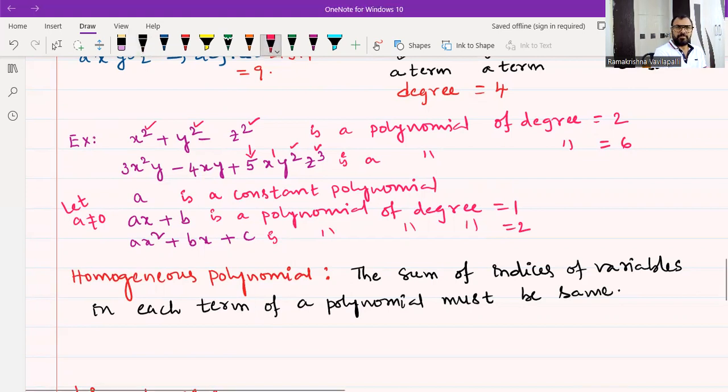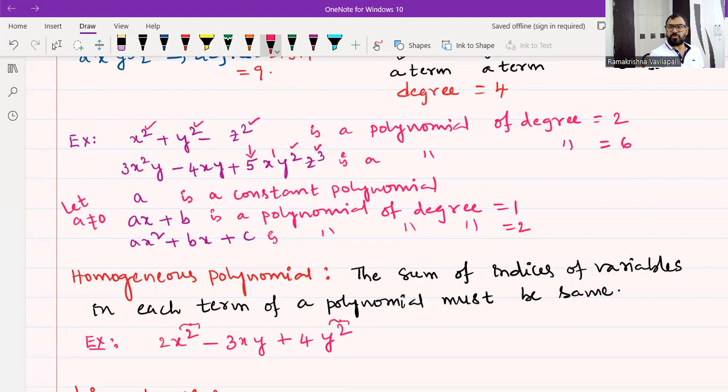For example, one example: 2x square minus 3xy plus 4y square. Here the power is 2, the degree is 2. Here the degree of this monomial is 2. Here also it is 2.